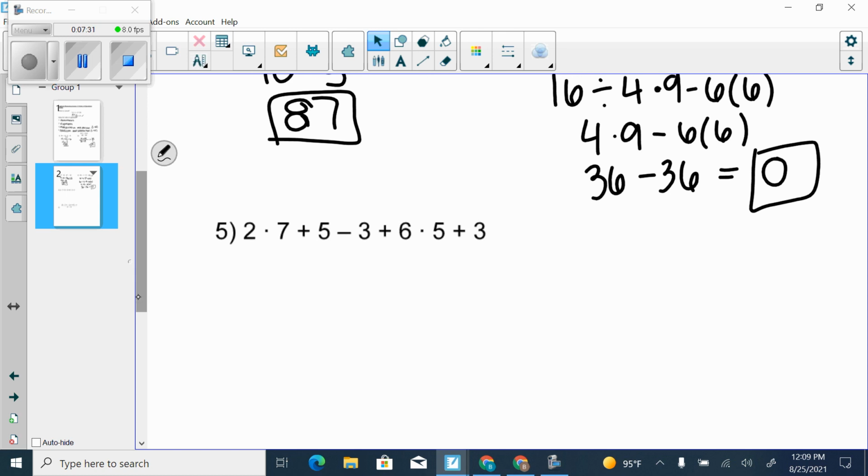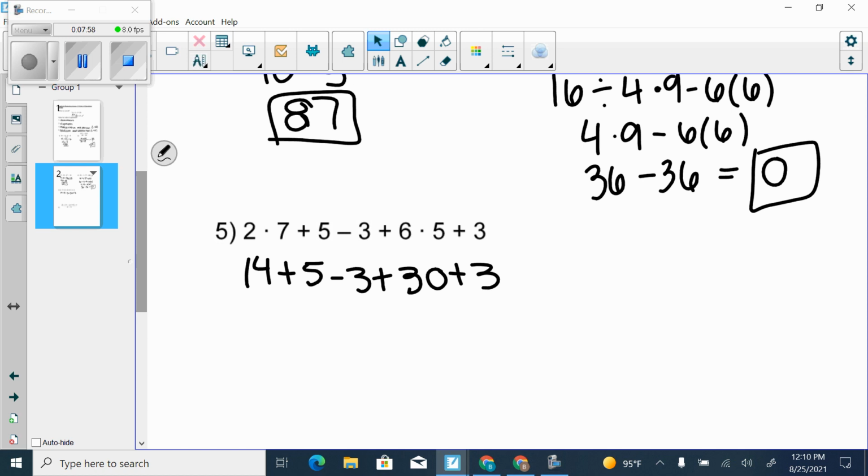Okay, on number 5, what are we going to do first? Okay, so 2 times 7 would be... plus 5 minus 3 plus 6 times 5 plus 3. Then what? So then what should we do?